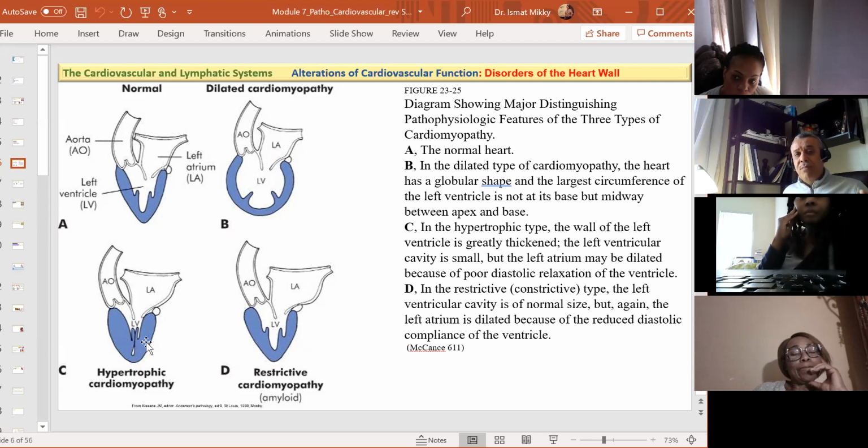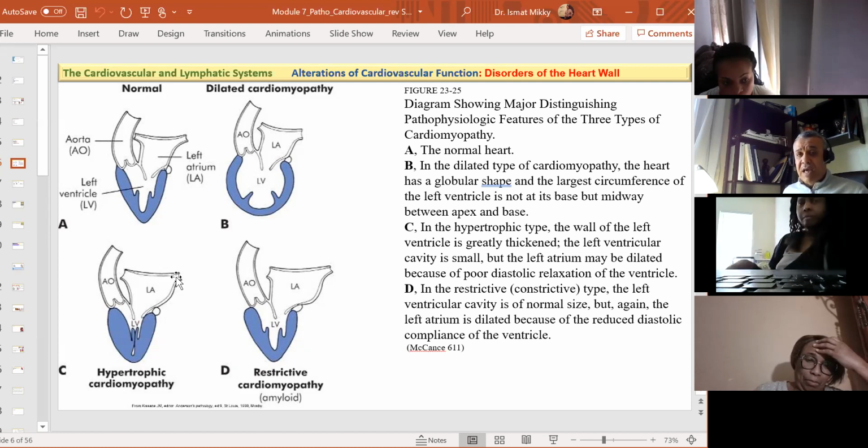Now, there is a problem with the ejection and a problem with the relaxation too, but mostly with the relaxation, which means a problem with the filling phase. More blood will be stagnant and pooled in the left atrium, and that's why the left atrium will be dilated. So the left atria may be dilated because of poor diastolic relaxation of the ventricle.